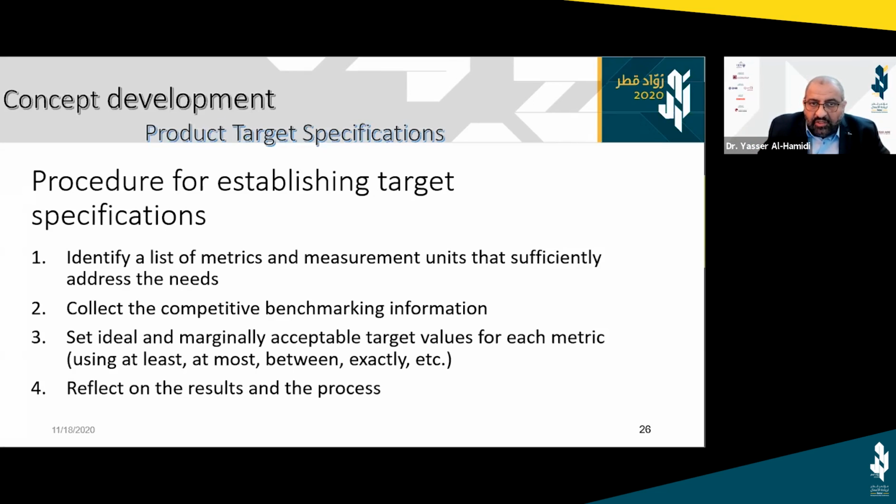So again, just to make it clear, we are talking about target specifications. These are the goals you as a development team are targeting, and they just describe the product which you believe as a team would succeed in the marketplace.